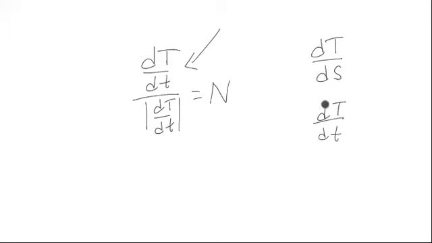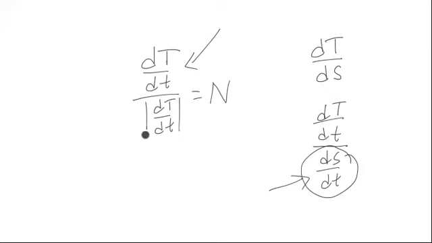You could think of ds/dt, and this quantity right here, you could think of it as being a positive constant here. And so really the relationship between dT/dt and dT/ds is very close. You're just multiplying by some positive constant between the two.